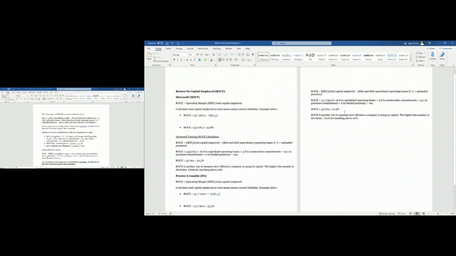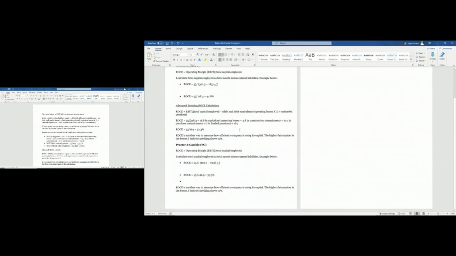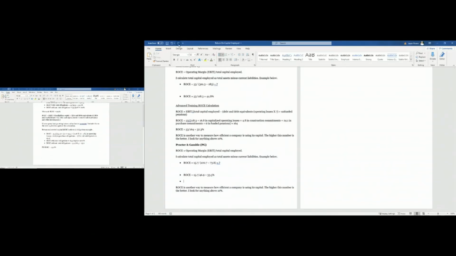Where are their numbers? I think I might have deleted their numbers. I don't see them. That's because I have to scroll down on this sheet. Duh.